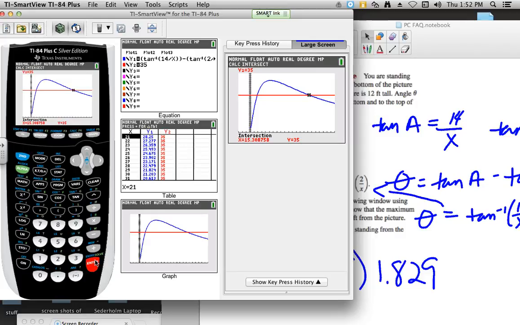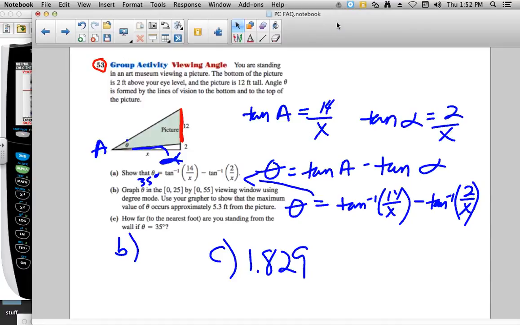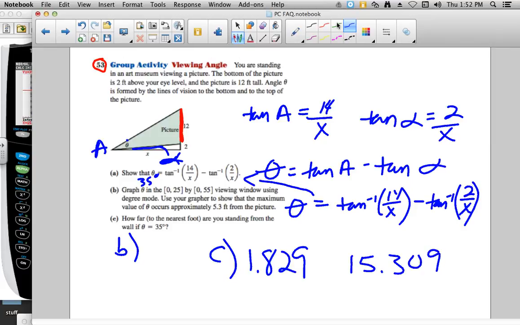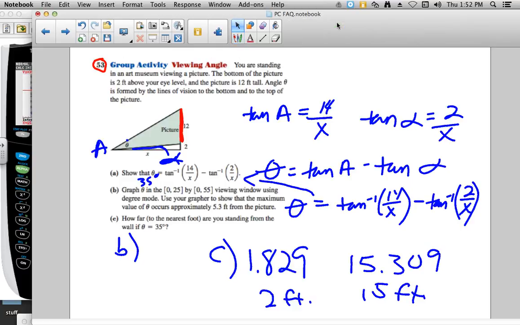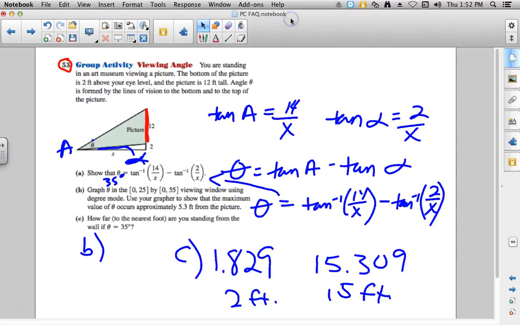And that one is at 15 point, let's see, what does that say? 309 approximately. So it said, how far to the nearest foot are you standing from the wall if theta equals 35? So this would be approximately 2 feet, and this would be approximately 15 feet. So once we get the right math, we have to make sure that we are rounding to the correct decimal place. That's a big part of math, being able to read instructions about what to do.